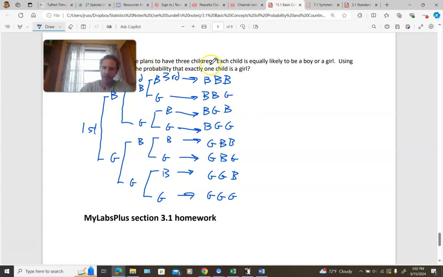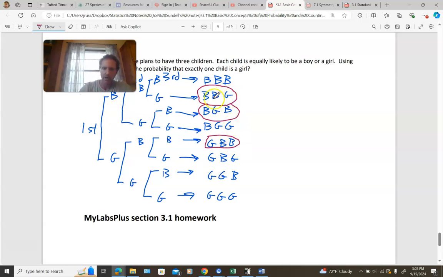But we want to find the probability that exactly one child is a girl. So we need to count up the number of outcomes that include having just one girl. Well, this one, this one, and just looking around here. Oh wait, there's one more. This one, 1 girl and 2 boys, and I think that's about it.